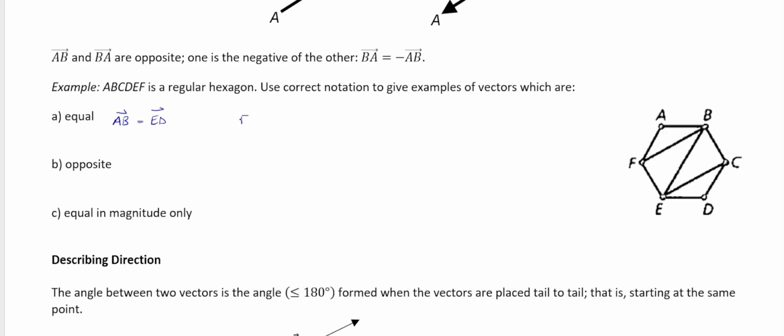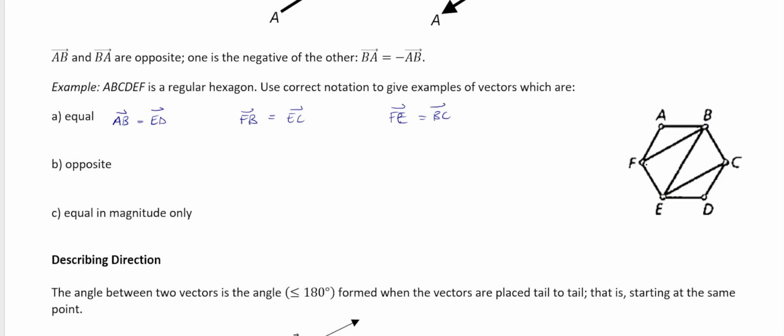Alternatively, FB is equal to EC. Right there. Vector FE is equal to vector BC.